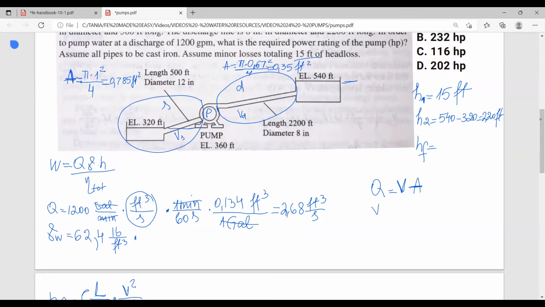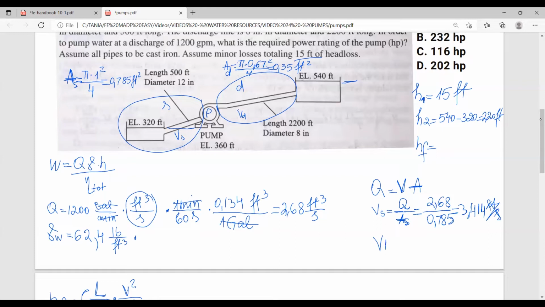Velocity at the suction equals the flow over the area at suction: 2.68 divided by 0.785, we get 3.414 feet per second.